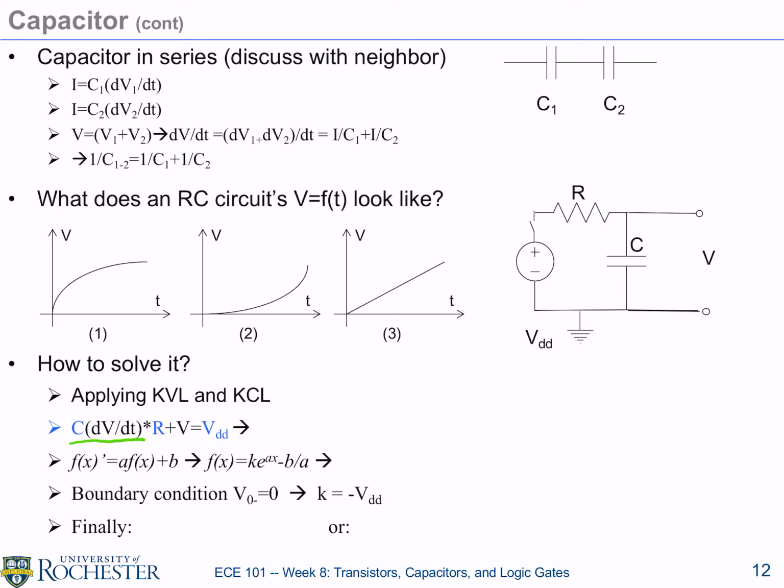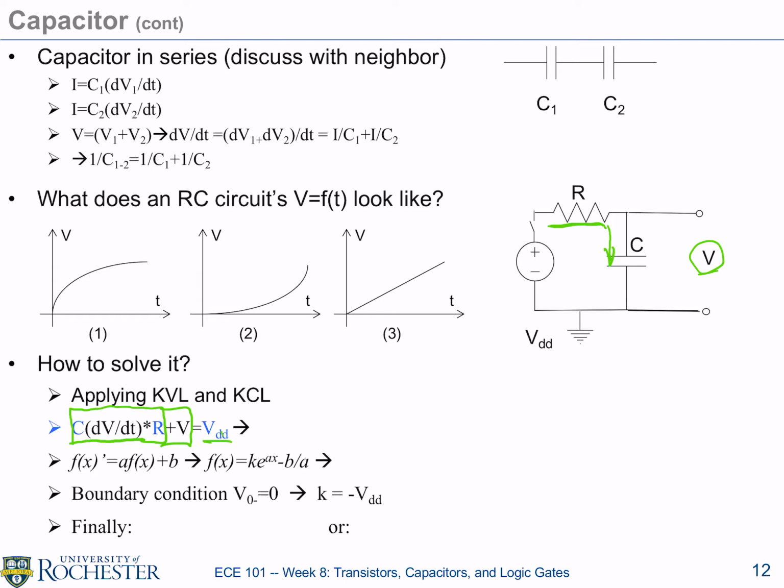This is really I. This is the I that flows through the capacitor. And according to KCL, this is the same I that flows through the resistor. So the resistor's voltage drop is this, I times R, plus that of the capacitor, that's this component. Together, they're equal VDD. Okay?